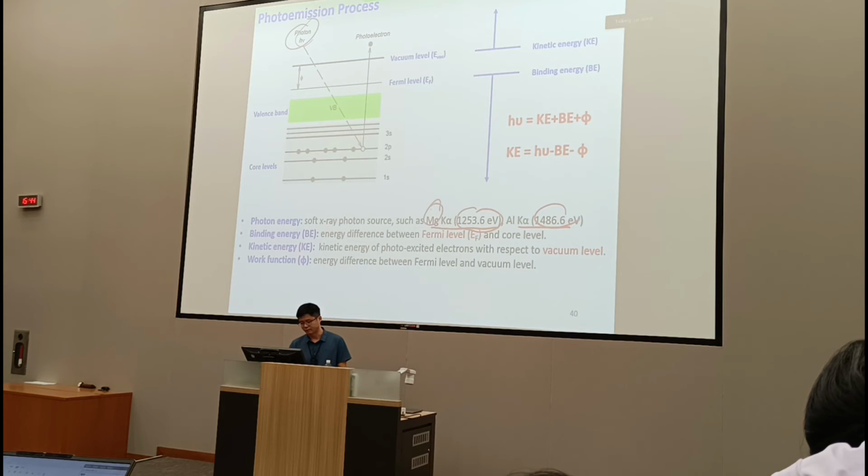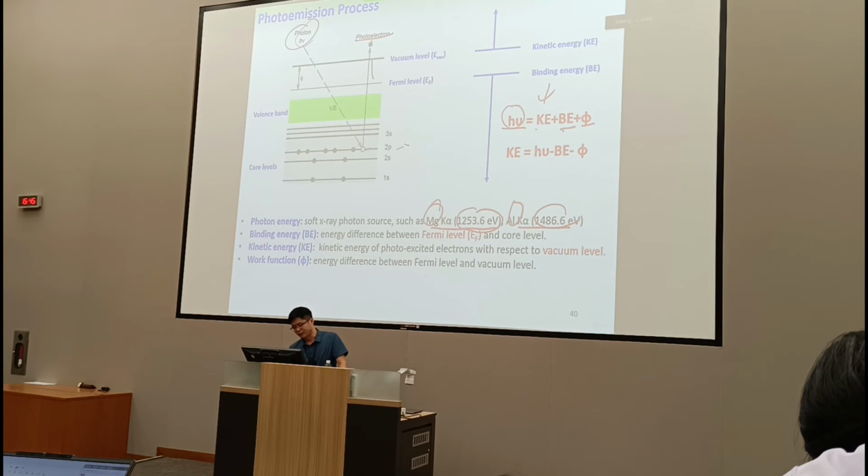If you use a magnesium or aluminum source, you know the photon energies. The photon energy excites core-level electrons, and the electrons escape the barrier and become photoelectrons. Once they escape, they carry some kinetic energy. In the energy conservation, the incoming photon energy is used to overcome the energy barrier from the core level to vacuum. So it equals the binding energy of this core level plus the work function, plus the kinetic energy.